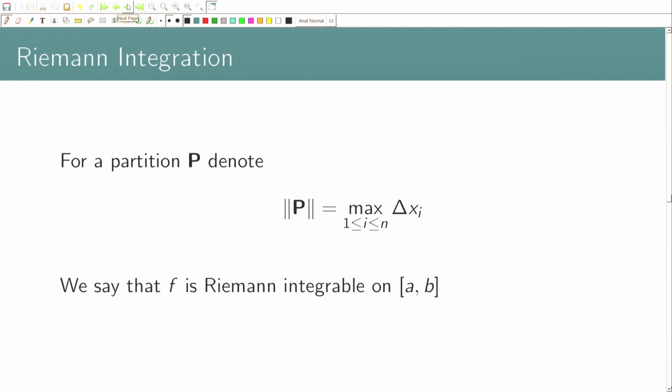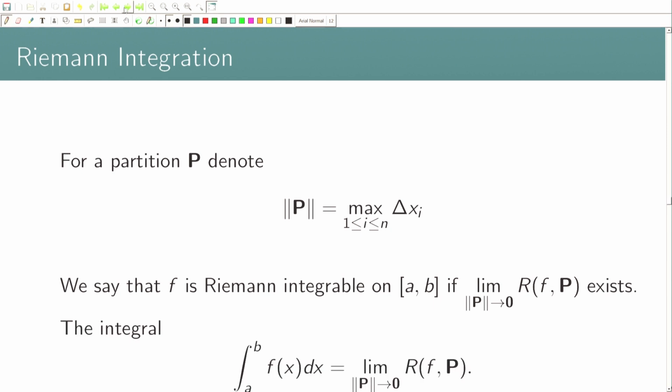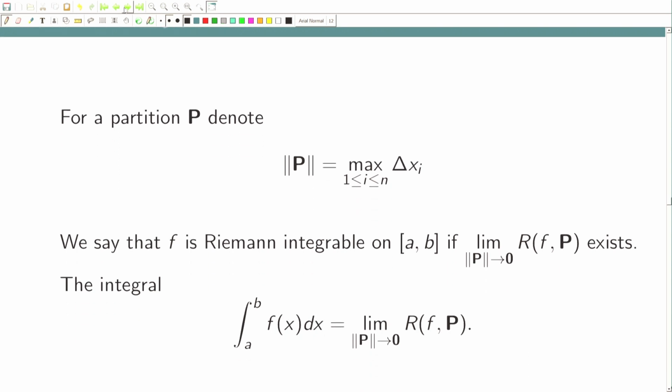Now we say that f is Riemann integrable on a b if the limit of the Riemann sum corresponding to P exists, and then we denote the Riemann integral from a to b of f of x as the limit as norm P goes to 0 of R of f, P.